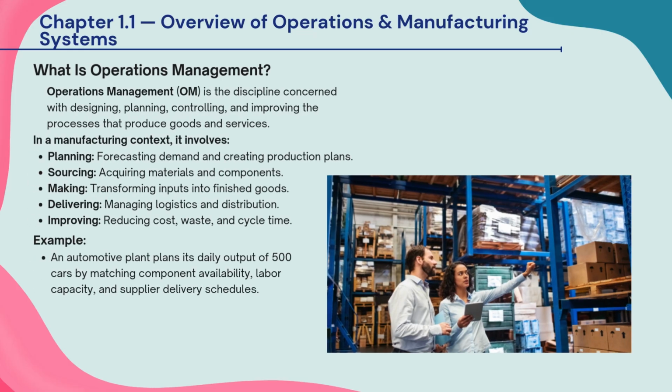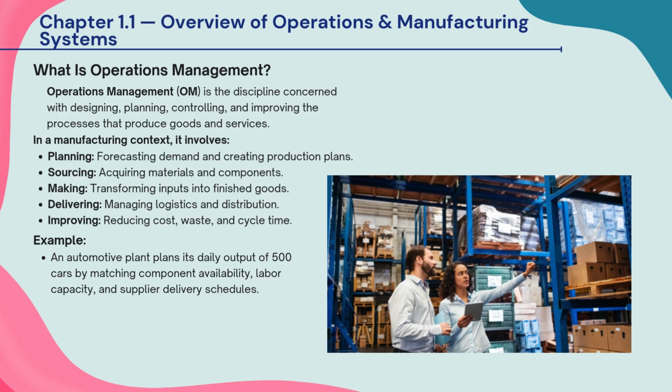Operations management is the discipline that focuses on designing, planning, controlling, and continuously improving the processes used to produce goods and services. It ensures that resources such as materials, labor, machines, and information flow in a coordinated way to meet customer demand.